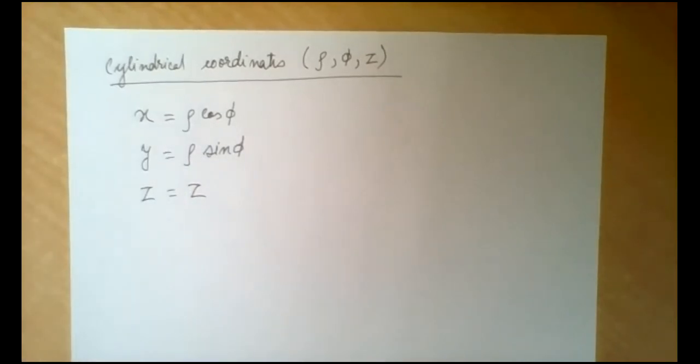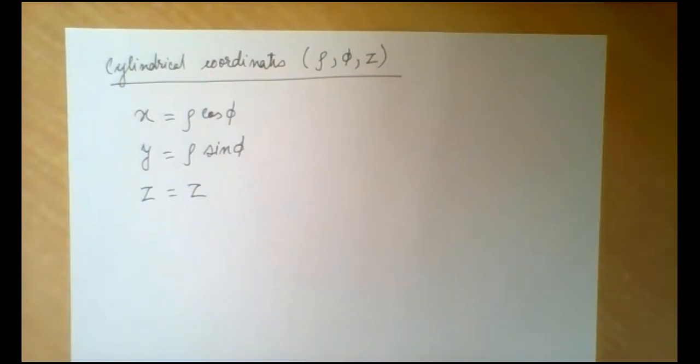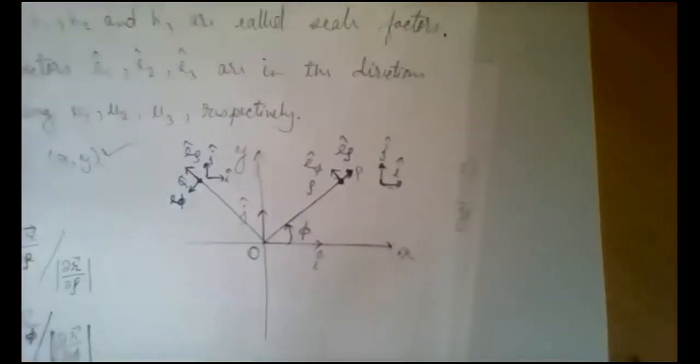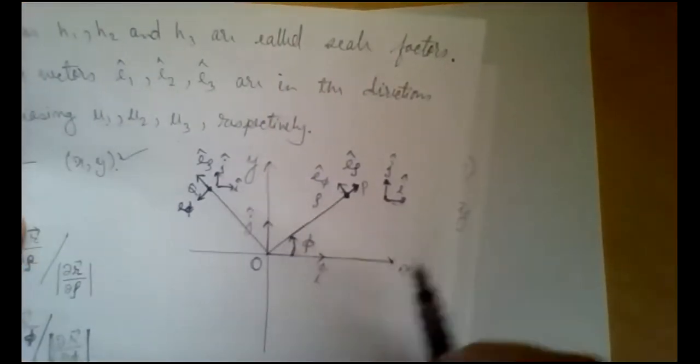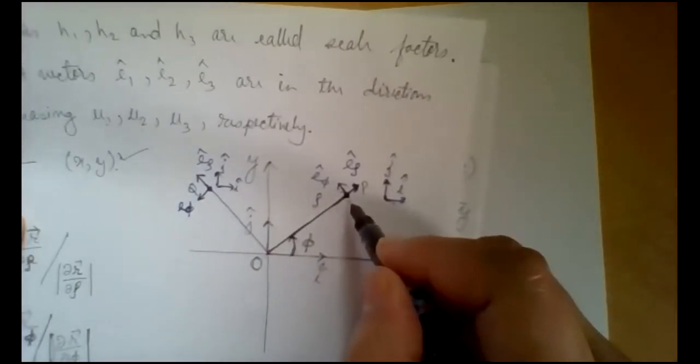So x equals rho cos phi, which we came across in polar coordinates. This is our polar coordinates in 2 dimensions. This angle is phi. This is the length of the line, rho.